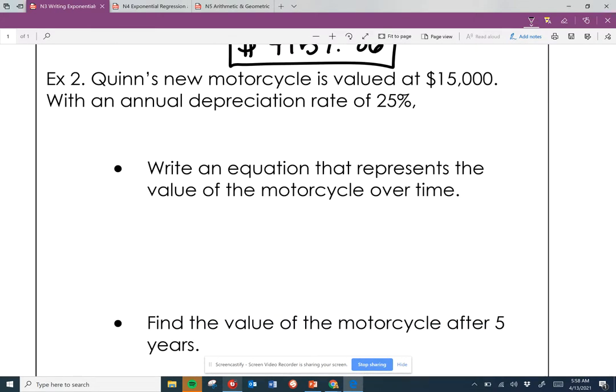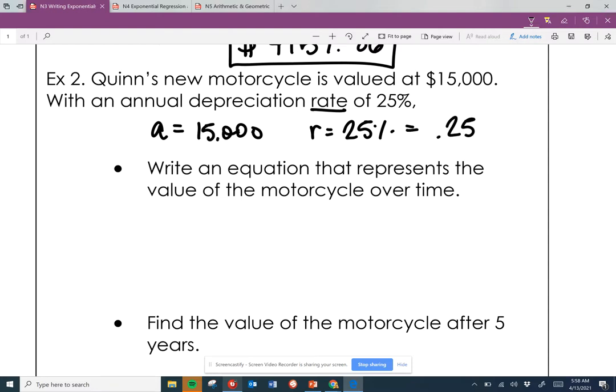Quinn's new motorcycle is valued at $15,000 with an annual depreciation of 25%. So we can see our A is our initial value at 15,000. Our R, the rate, is 25%. We're going to have to change that to a decimal, so that'll be 0.25.